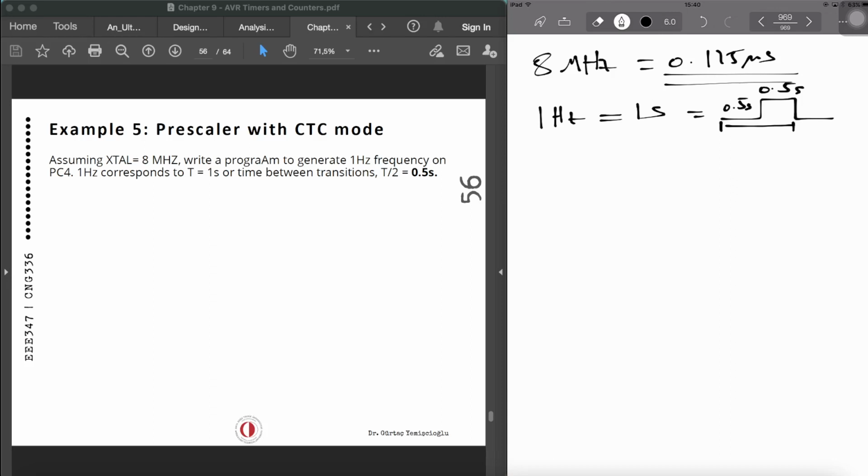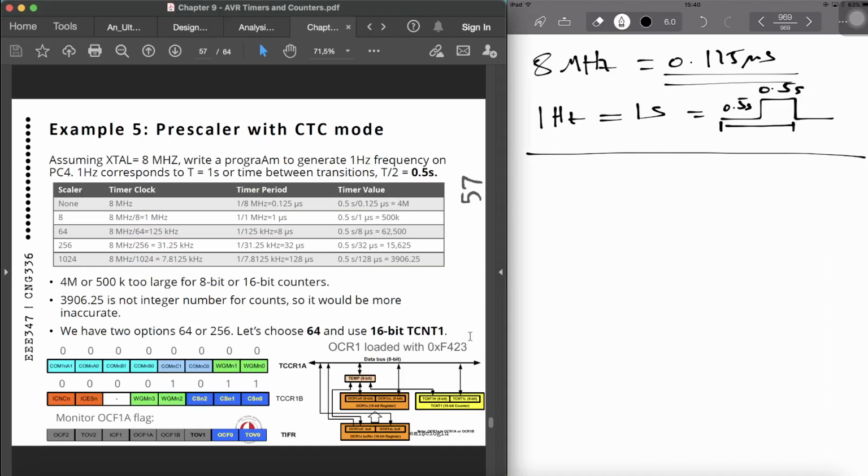So how do we calculate this, and how can we generate it using a prescaler? It's important because we cannot generate that using an ordinary 8 megahertz clock, which gives us 0.125 microseconds.